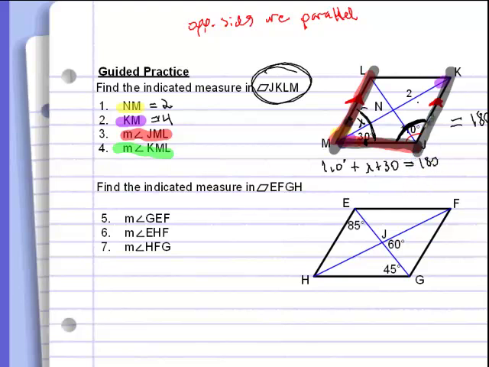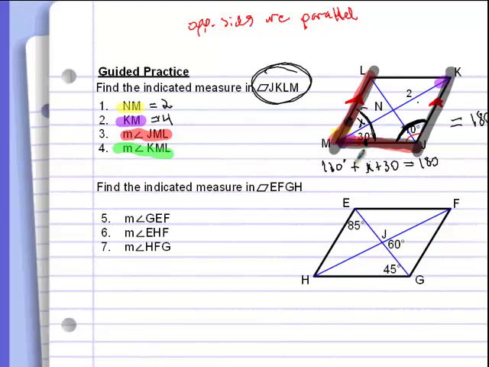You can see here that the 110 isn't a part of it like 30 is. 110 is the entire angle on this side. Whereas this side, this little piece is 30 and this piece is x, which means this whole angle here is x plus 30. That's just the angle addition postulate, by the way.